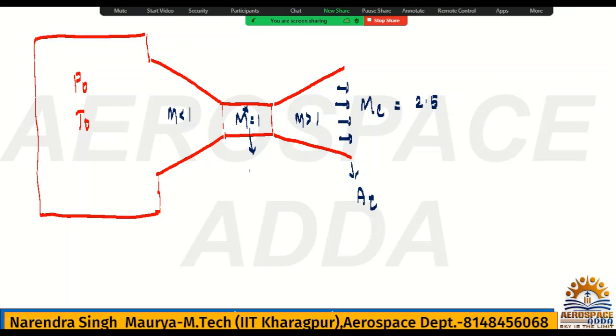And if somebody asks whether it is choked flow or not, yes, it is choked flow. Choked flow means that once the Mach number reaches sonic flow at the throat, it is choked flow. So whatever mass flow rate you calculate for the choked flow is always the maximum mass flow rate.